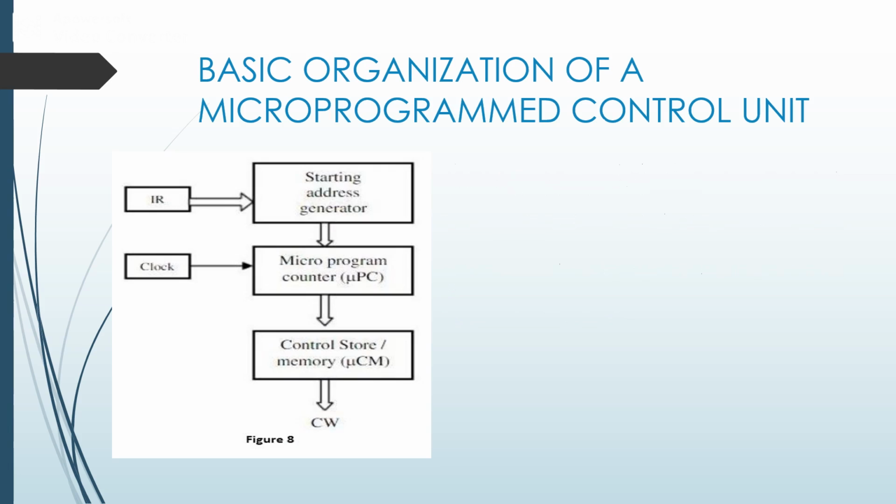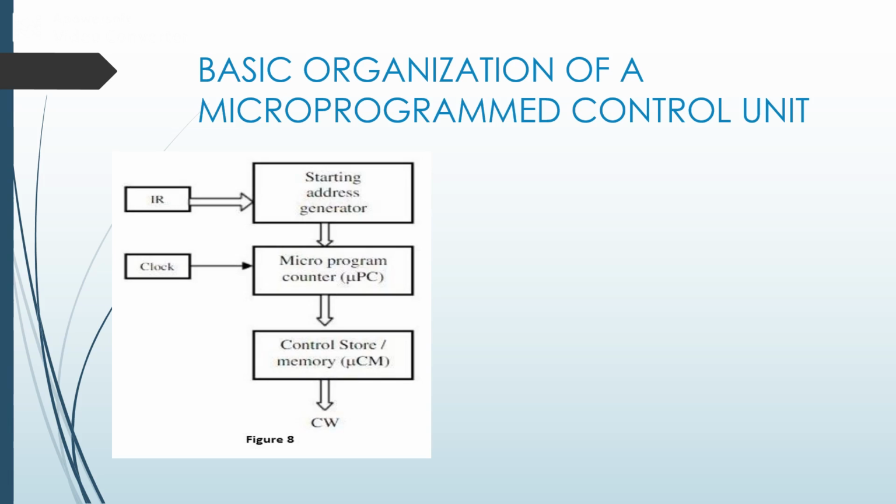The diagram shows the basic organization of a microprogrammed control unit. It is a structure consisting of a starting address generator, instruction register, clock, microprogram counter, that is MuPC, followed by the control store, that is MuCM.